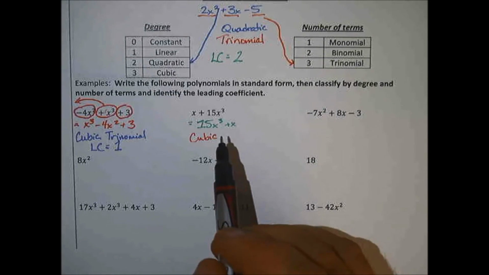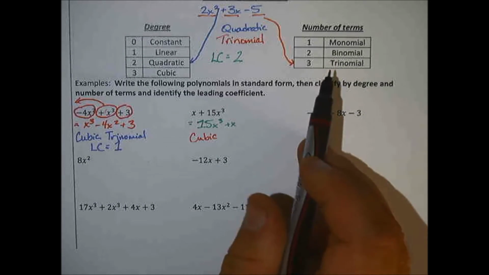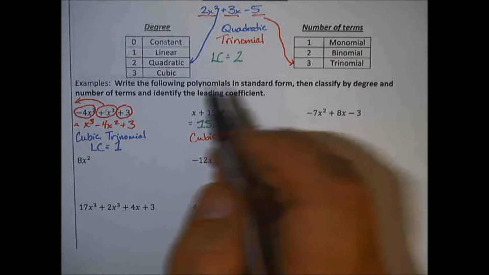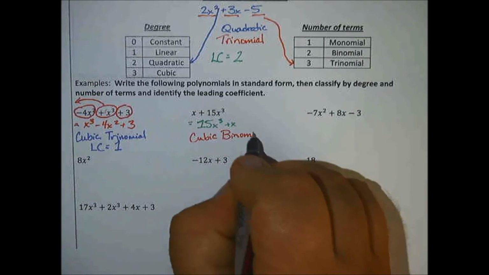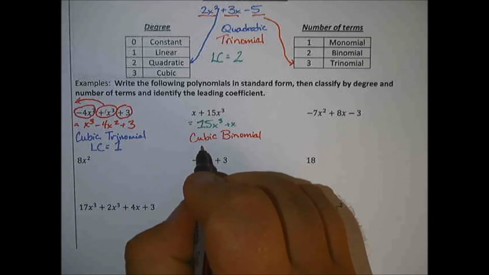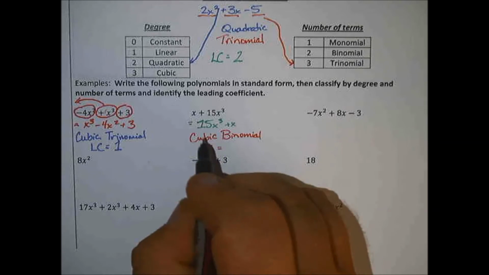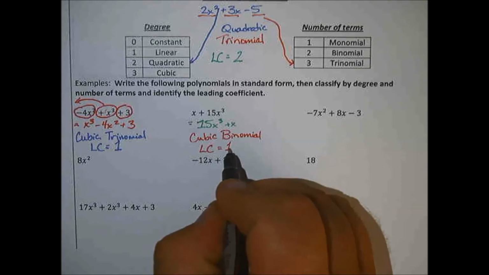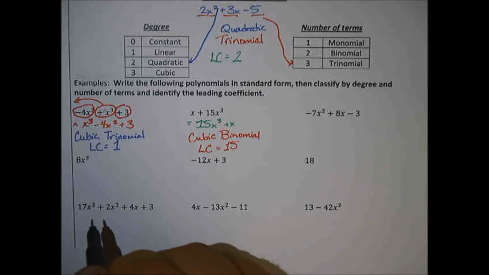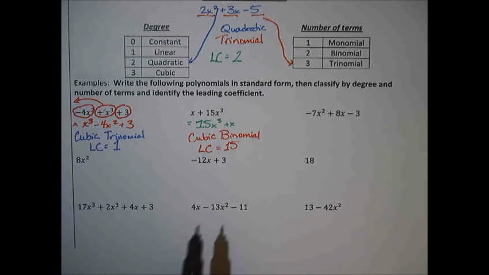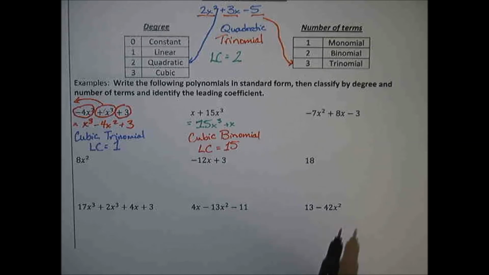Remember, terms are separated by plus or minus signs. So 2 terms means binomial, so it's a cubic binomial. And the leading coefficient is 15. We don't say that the leading coefficient is 15x cubed, we just say the number that's multiplied by the variable. All right, next one.